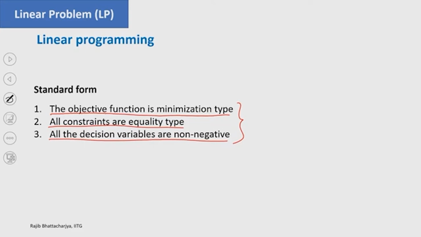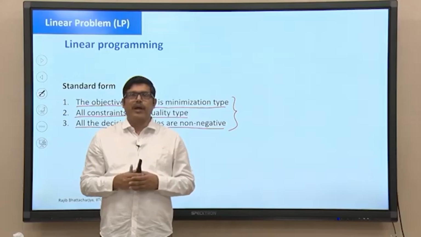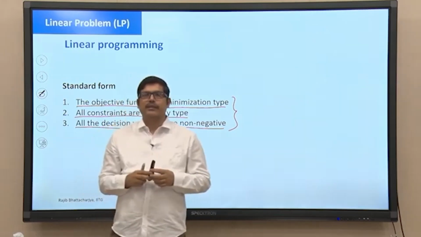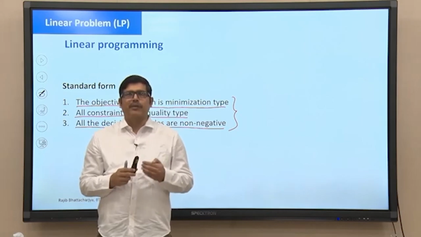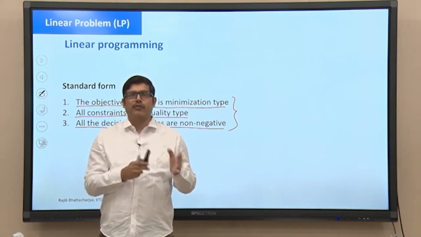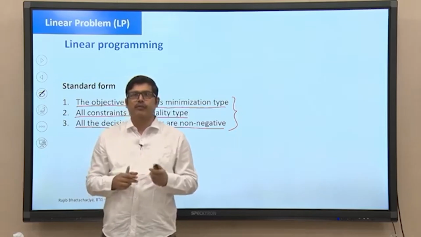And similarly, if all the decision variables are not non-negative, you have to have some method so that all decision variables are non-negative. So, now let us discuss, if your problem is not in standard form, then how can you convert your problem to standard form?